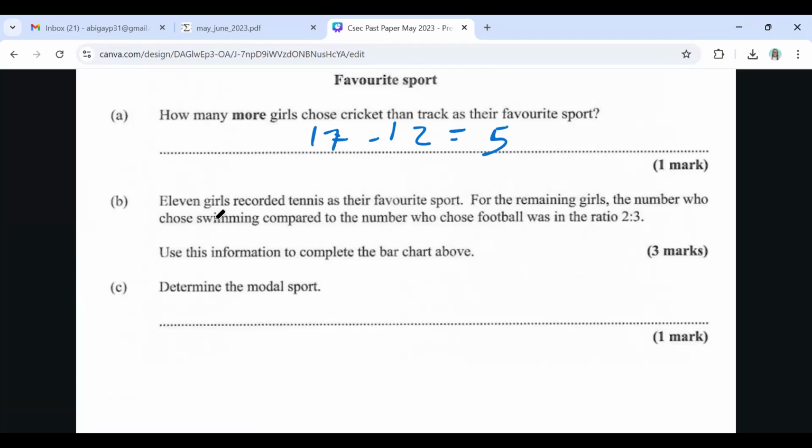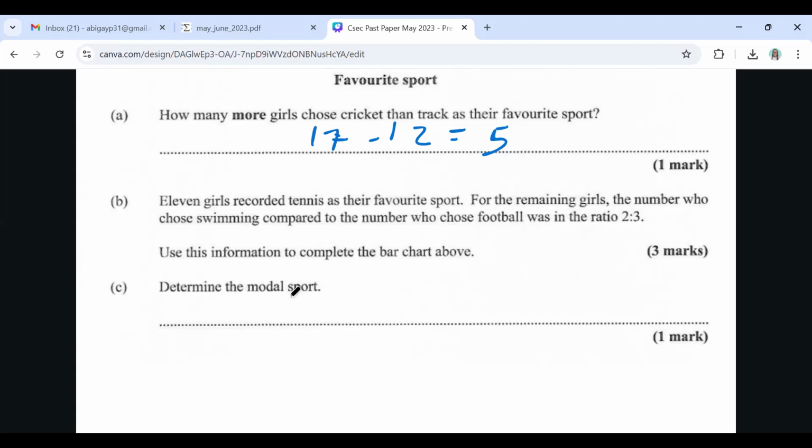All right, here it says 11 girls recorded tennis as their favorite sport. For the remaining girls, the number who choose swimming compared to the number who choose football was in the ratio 2 to 3. Use this information to complete the bar chart.